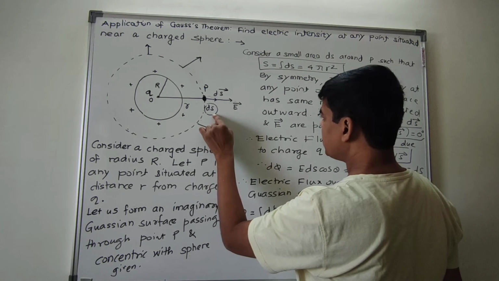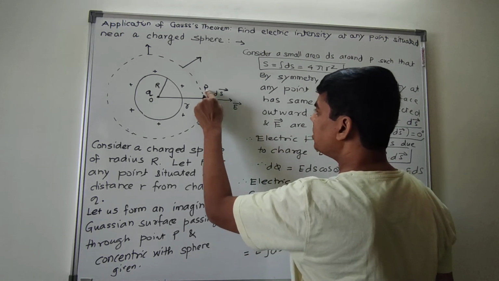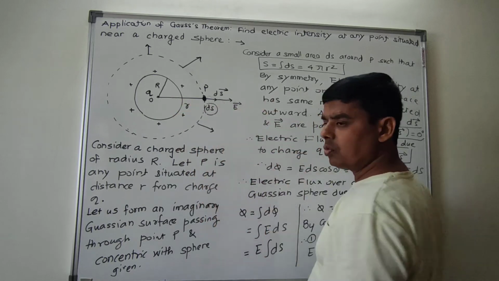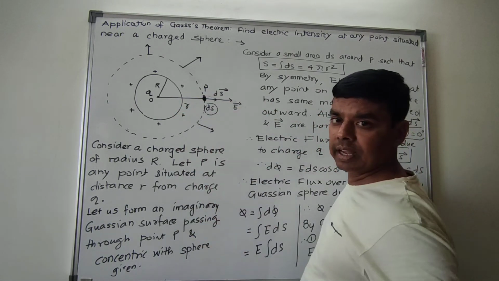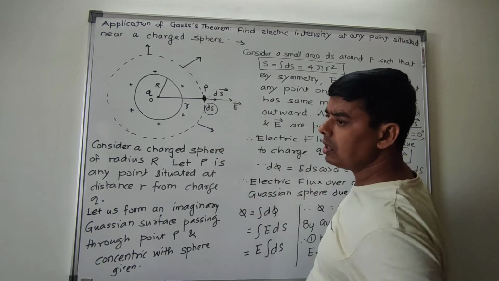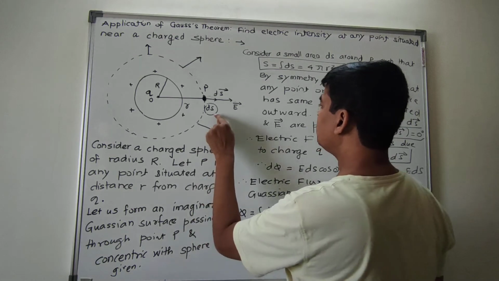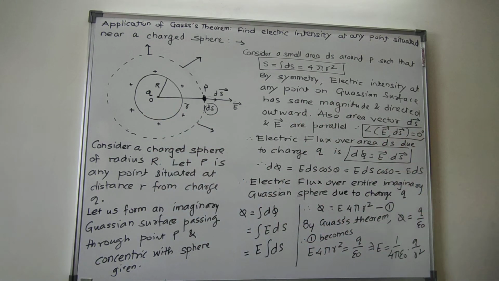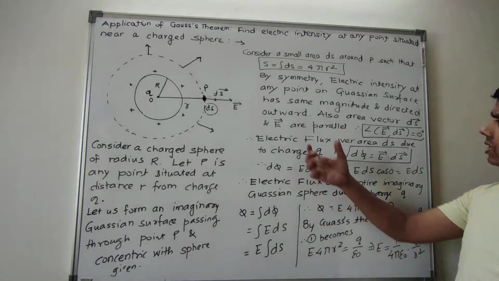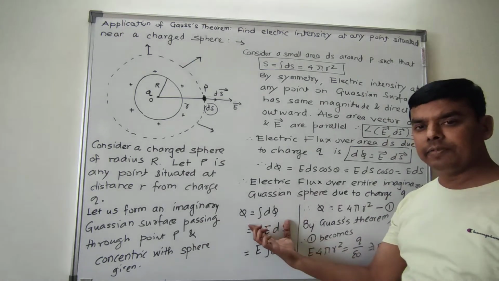At this small surface area ds, the electric intensity at point P due to charge q is radially outward. Similarly, the area vector normal to the area ds is again radially outward, so the angle between both of these is 0. So the electric flux over area ds due to charge q is E ds. But our job is to find the electric flux over the entire surface area, so we will integrate d phi.